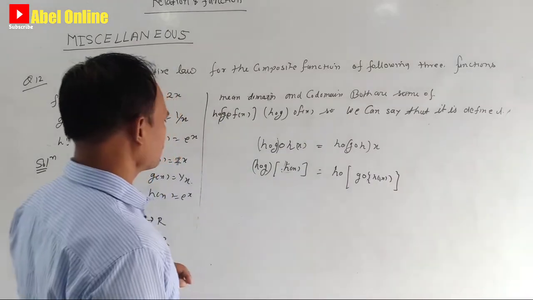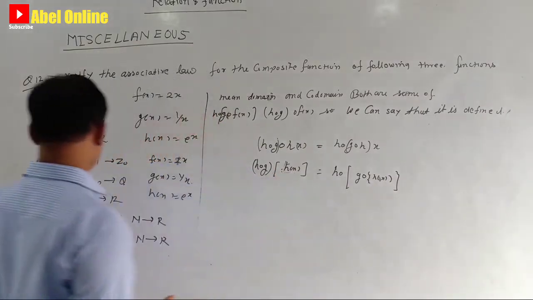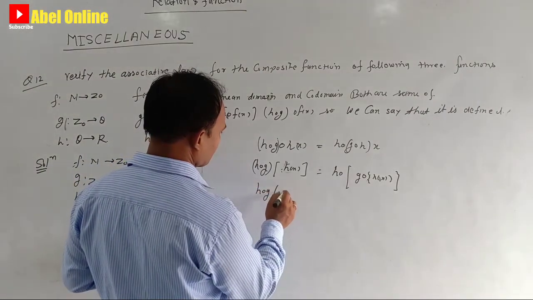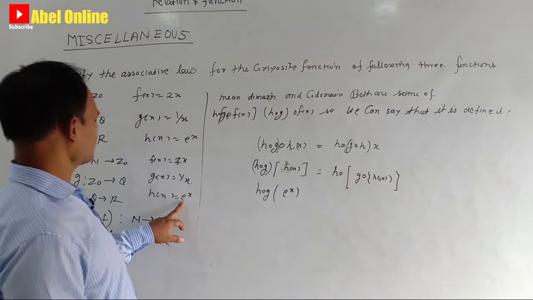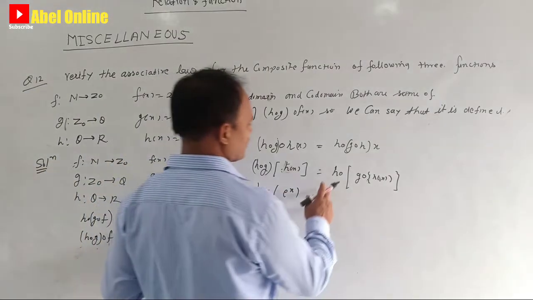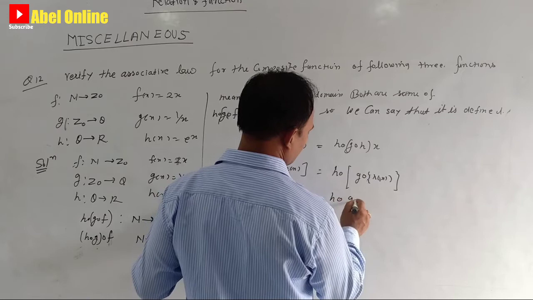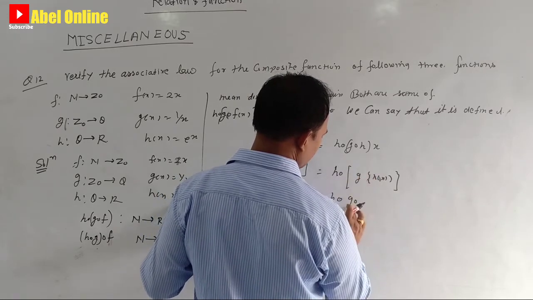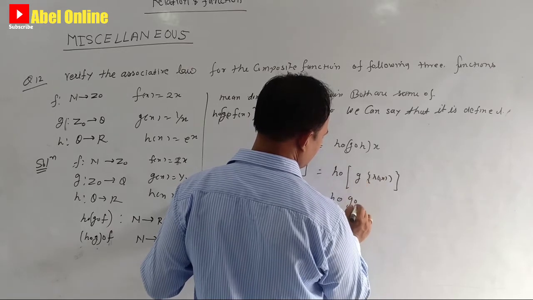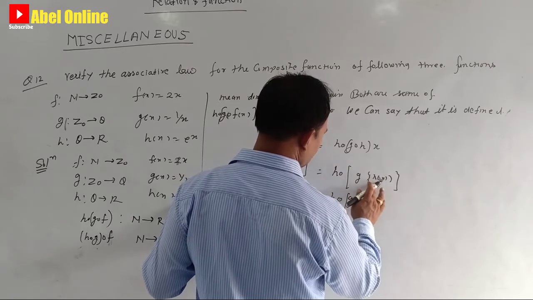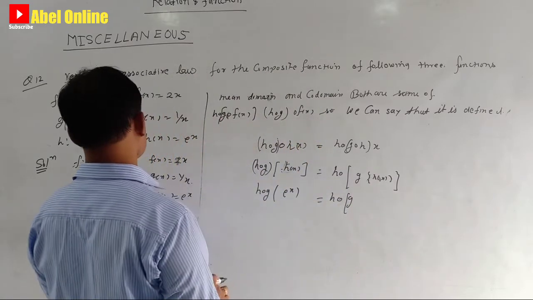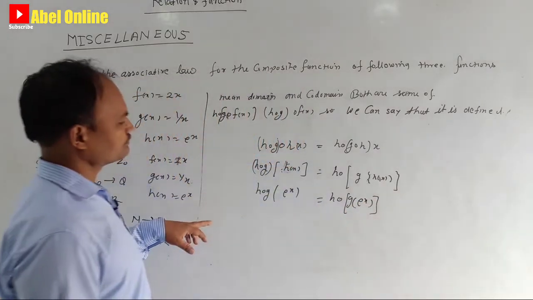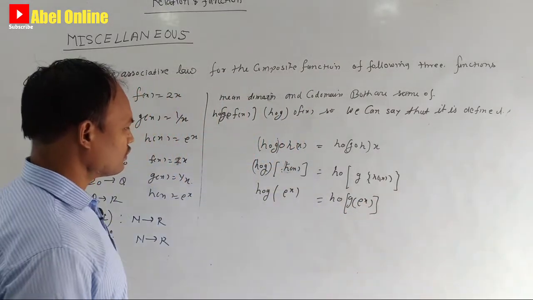Okay, so what is the h of x? h of x equal e to the power x. So we can write here hog of x, e to the power x. What is the value of g of h of x? g of h of x equal h of x, e to the power x. Now what is the value of hog x?